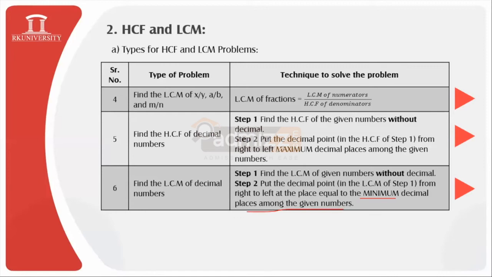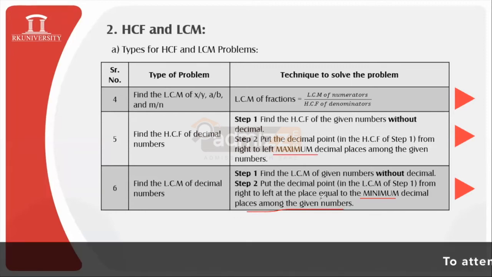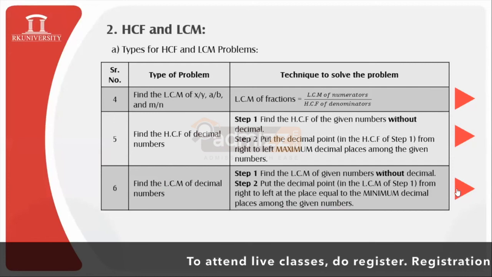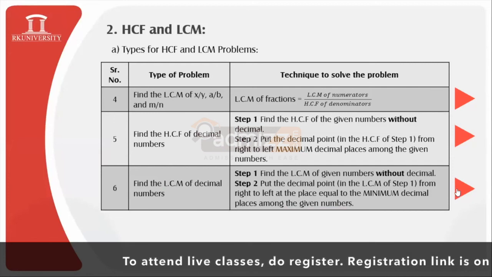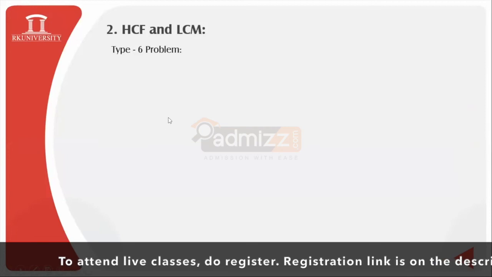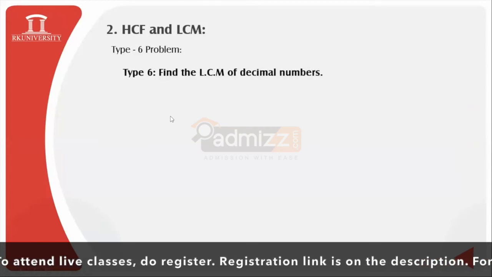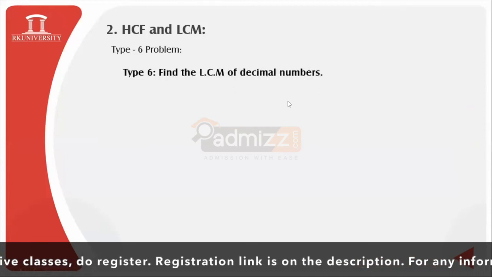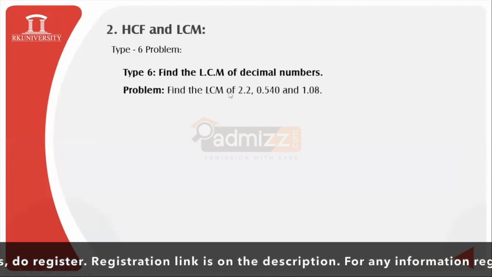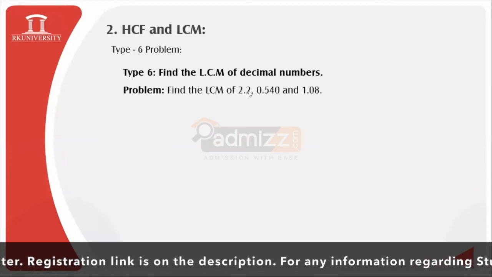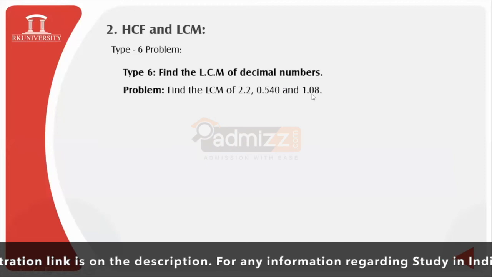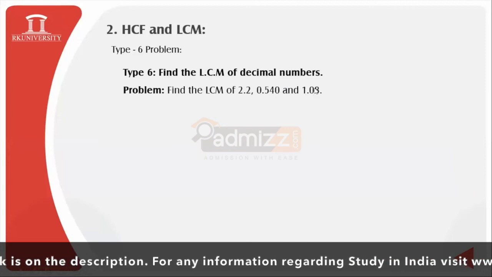Over here in HCF we were considering the maximum decimal place value; in our LCM problem, we will consider the minimum decimal place value. Let us try to understand this type based on one problem. The problem for type number 6 is finding the LCM of 2.2, 0.540 and 1.08.